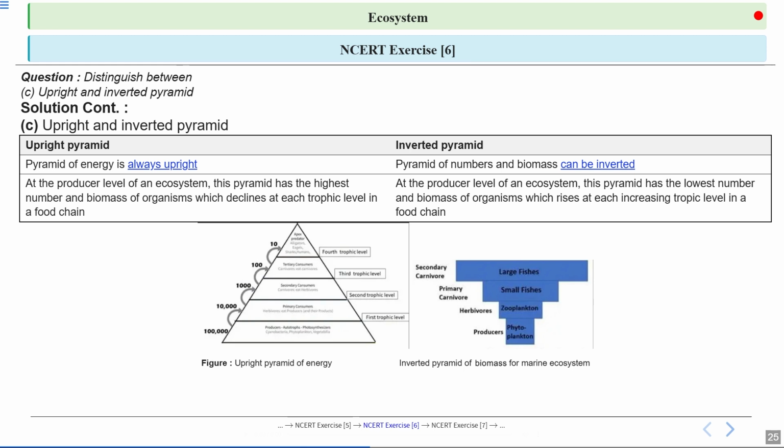Here is an image showing you the upright pyramid of energy. Pyramid of number is inverted in the case of a parasitic food chain, and pyramid of biomass is inverted in the case of a marine ecosystem. Clear?